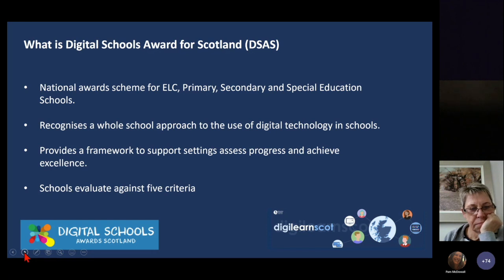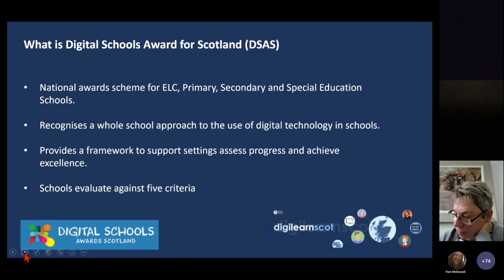And again, I just really want to stress that, because this award isn't just about receiving the award, it's actually there to support you on your journey. So if you're sitting there within your setting thinking, this is the first time I've heard computing science, this is the first time I've really thought about how I embed a digital culture across my setting, this is the award for you.